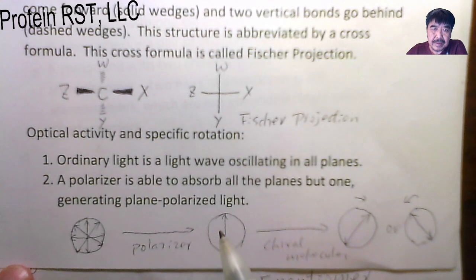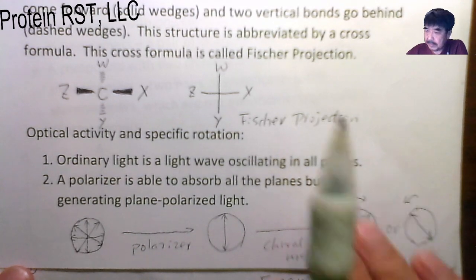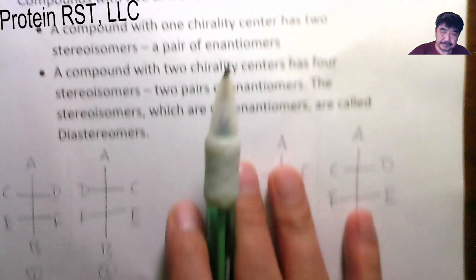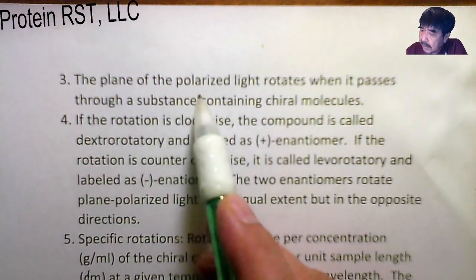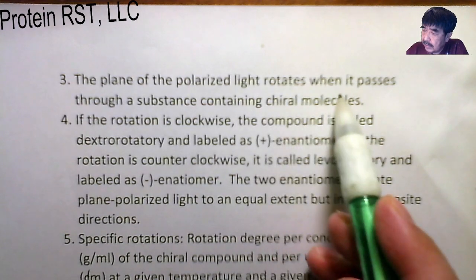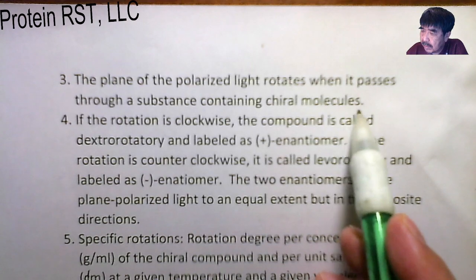This plane polarized light goes through a substance containing chiral molecules. The plane rotates either clockwise or counterclockwise. The plane of polarized light rotates when it passes through a substance containing chiral molecules.